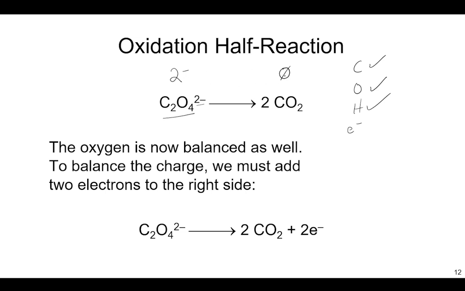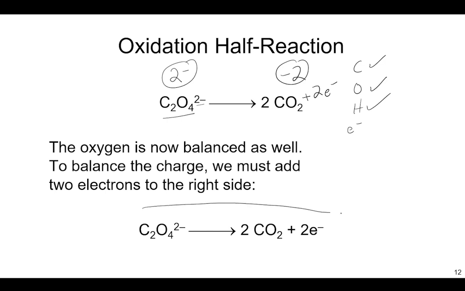And I can only balance the charge here by adding electrons to one of the sides. But electrons are negative. So we always compare these two numbers, pick the larger of these two, and add electrons to that side to bring that number down to match the lower number. Right? So here I'm going to choose the side that is 0, and I need to add 2 negatives to that side to make the charge now 2 minus total on the right, so that it matches this lower number that is on the left.